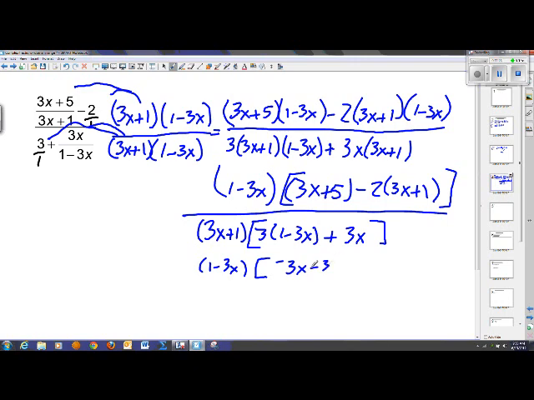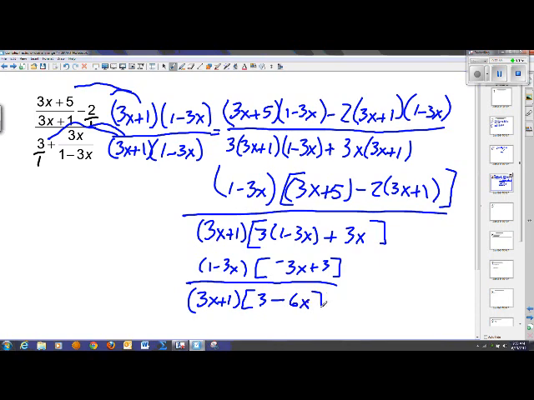It's positive. In the bottom term, 3x plus 1 will be multiplied by the combination of what's inside the bracket. So I have the number 3, and there's a negative 9x plus 3x, which is a negative 6x.